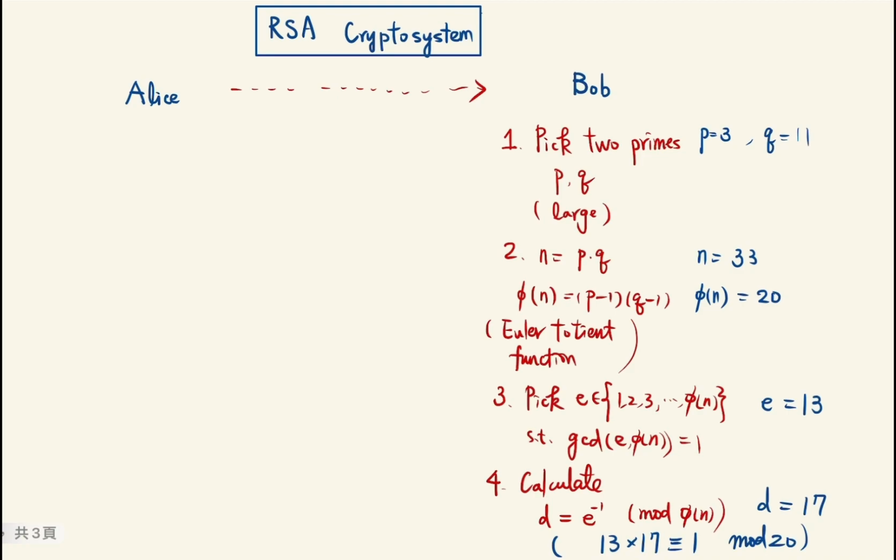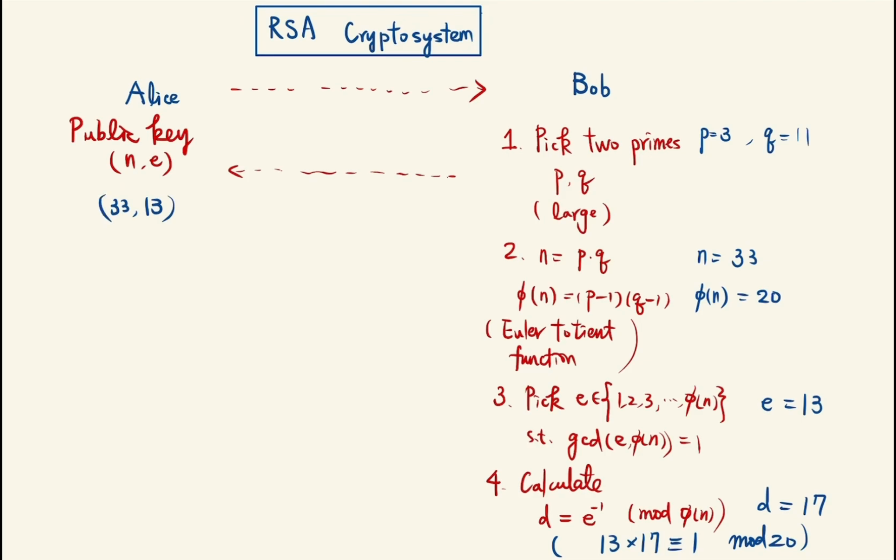Okay, so now Bob sends the pair N, E to Alice. We call this the public key. In our example, this is 33, 13.